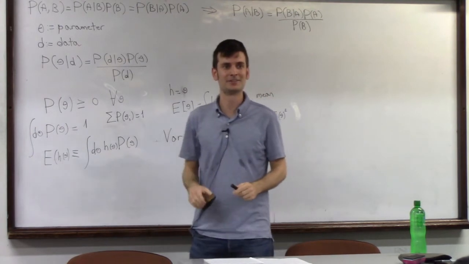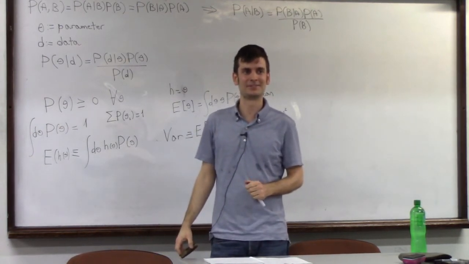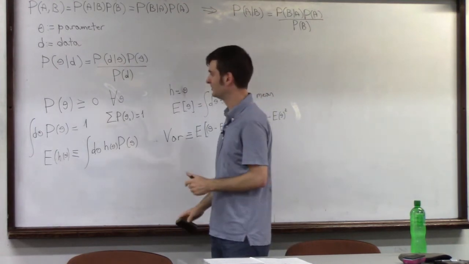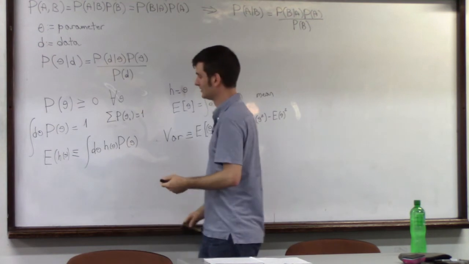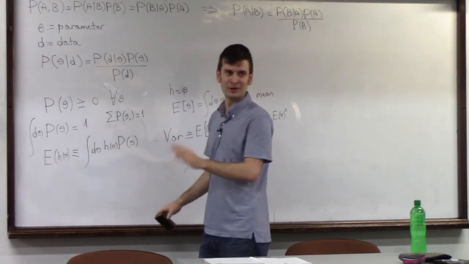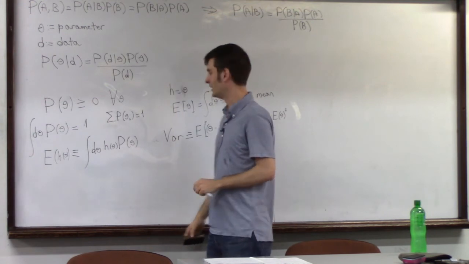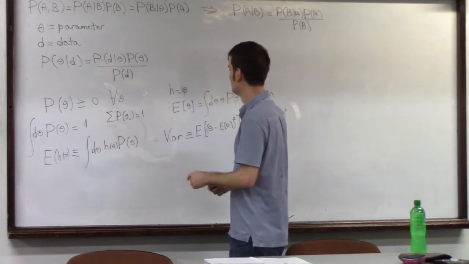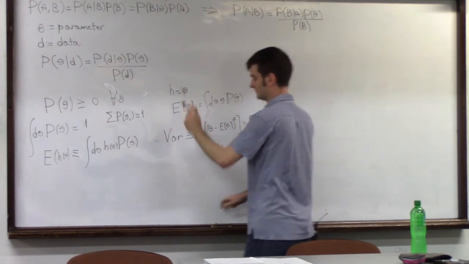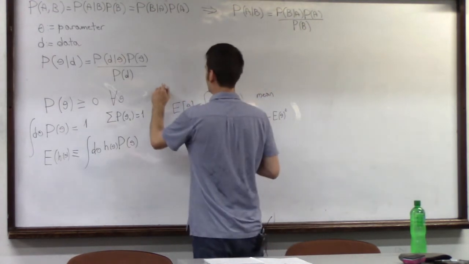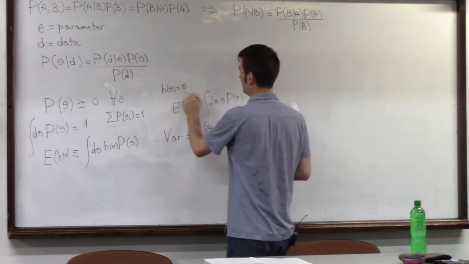Yes? Could you please repeat, I didn't really understand what the h stands for. It's some arbitrary function. For example, here I should have written h of theta equals theta, then you get this.